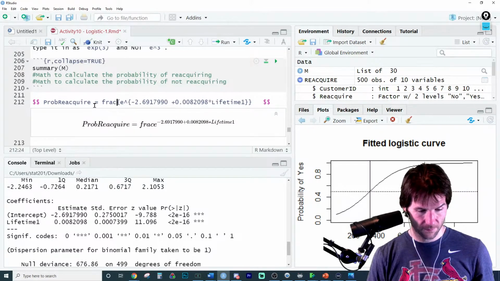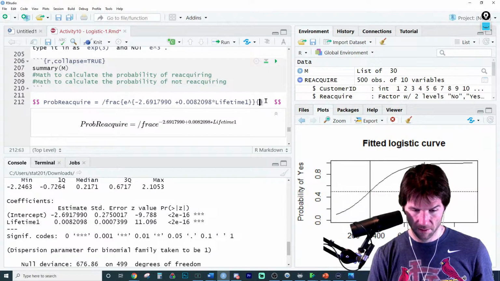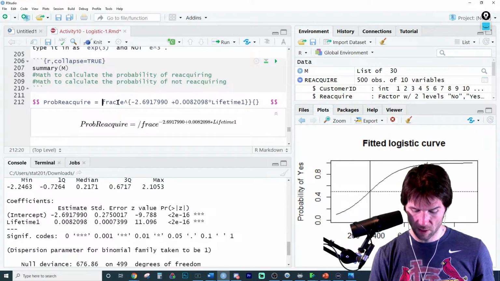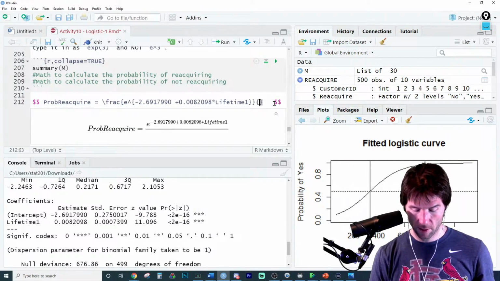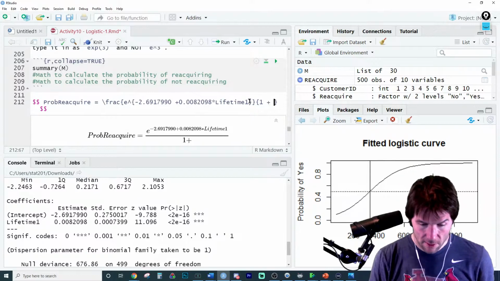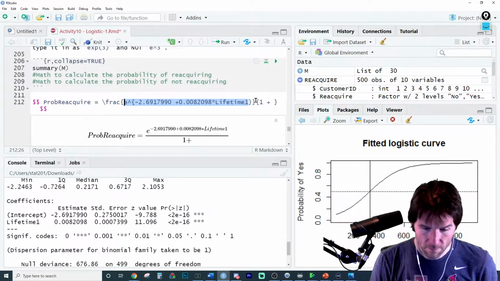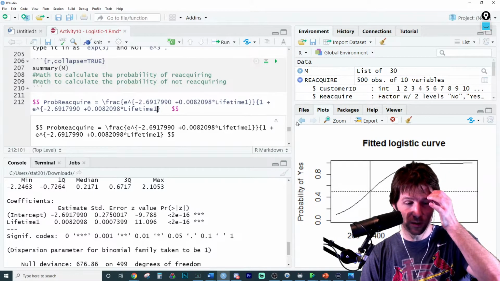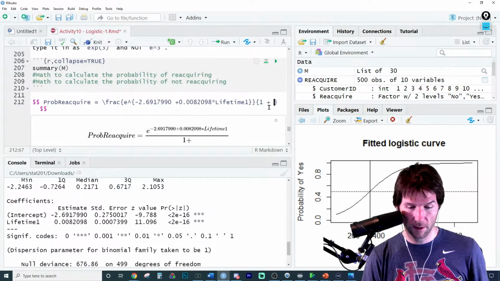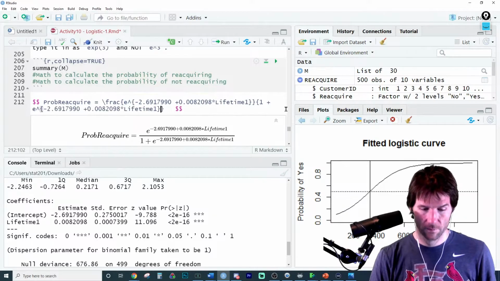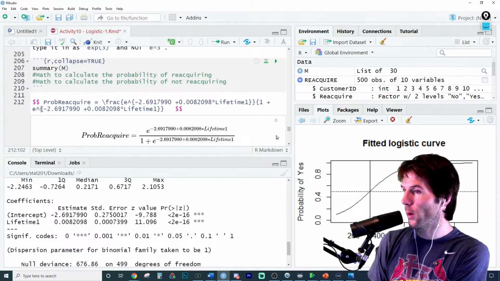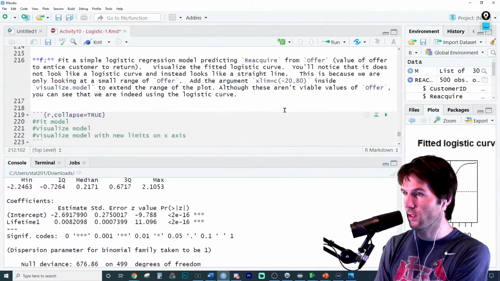Oh, I copied the wrong thing. There we go. E raised to the over 1 plus e raised to the.